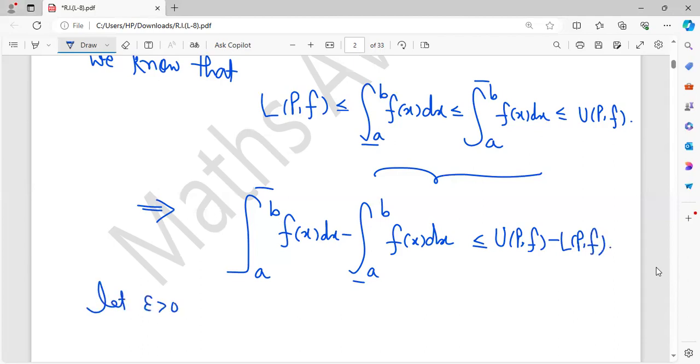Let epsilon greater than 0 be such that U(P,f) minus L(P,f) is less than epsilon.